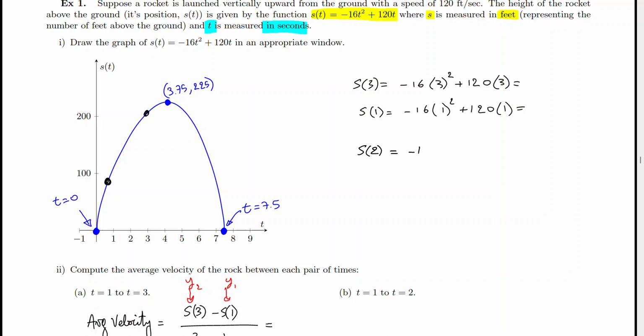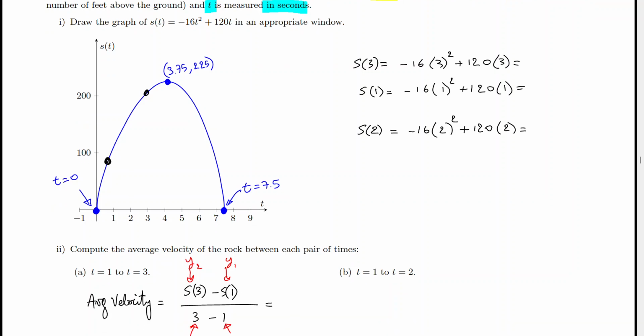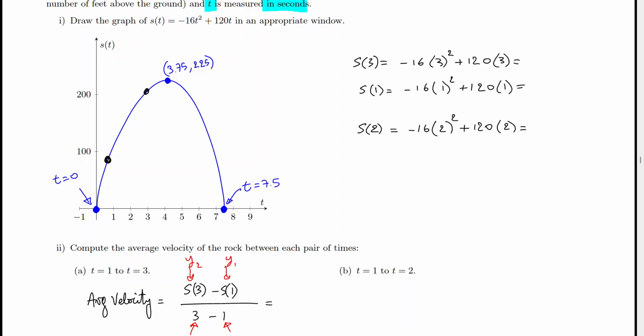It's going to be negative 16 times 2 squared plus 120 times 2. So why am I putting all these numbers in? Remember, the first value is the same. That's why we're putting 1 there, and that's why we're putting 1 on the denominator. And when we evaluate it, there's going to be some number that appears, basically the y coordinate.